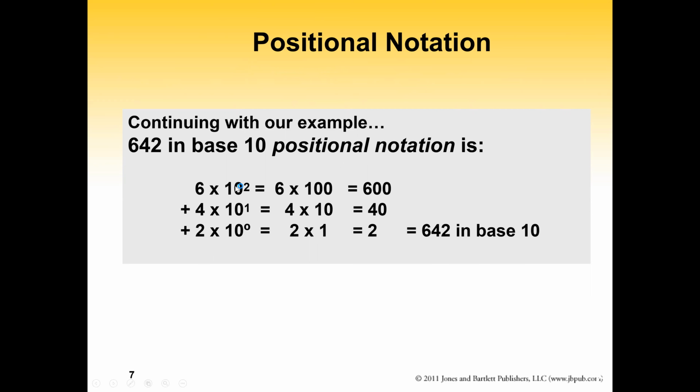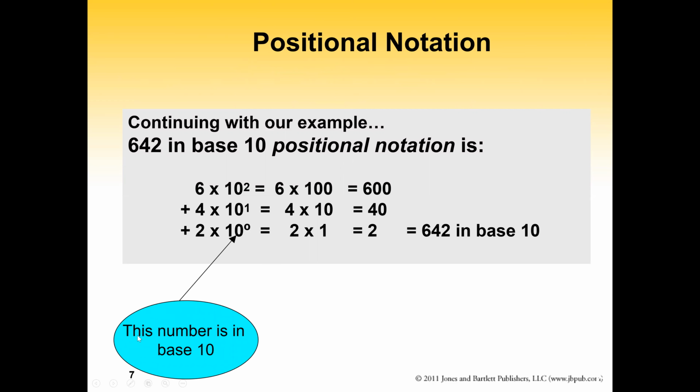Now the concept of 10 to the power 2, 10 to the power 1 will help us know how to convert, for example, a binary number to decimal, or a hexadecimal number to decimal, etc. So this is just a foundation which we already know.